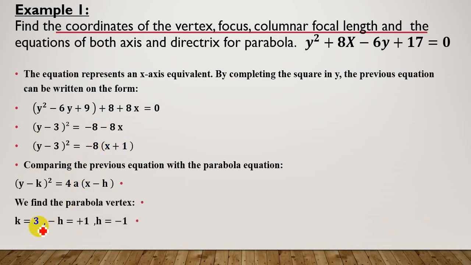The vertex will be 3 and 1, or h minus 1, and right now I have h minus 1 and 3.